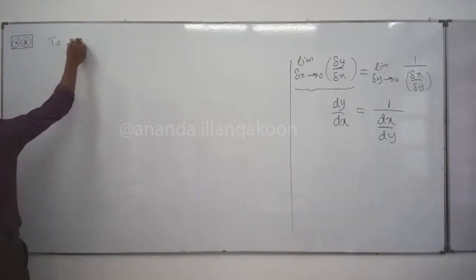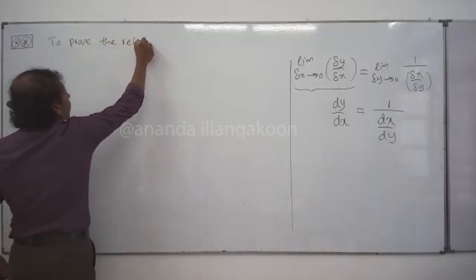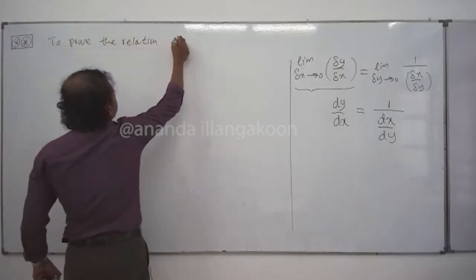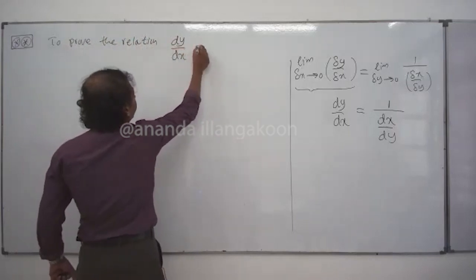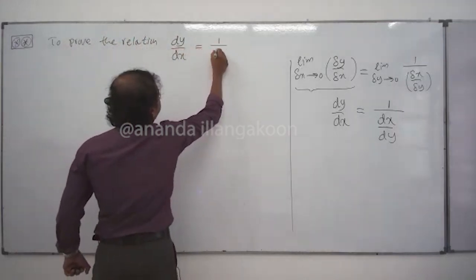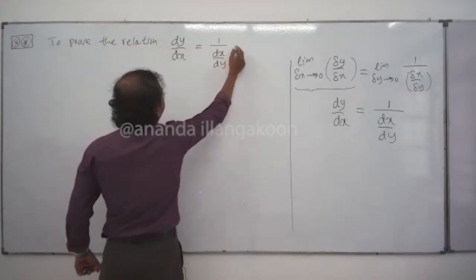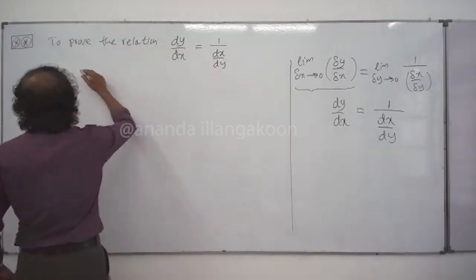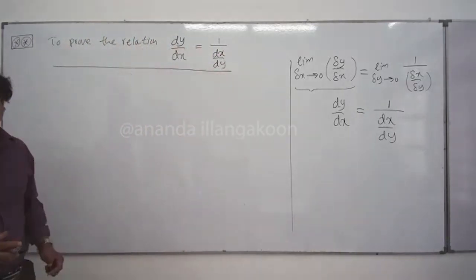To prove the relation dy by dx is equal to 1 upon dx upon dy.